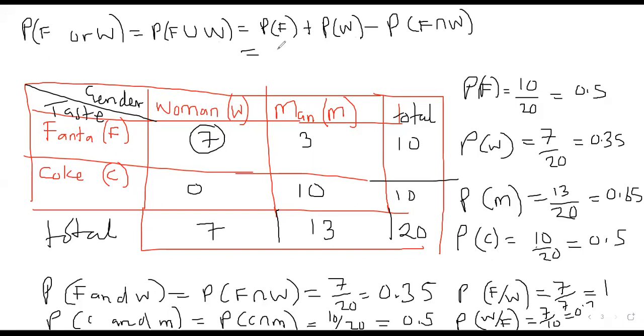So our Fanta was 0.5. Our woman was what? 0.35. And our intersection was 0.35. So the final answer will be 0.5.